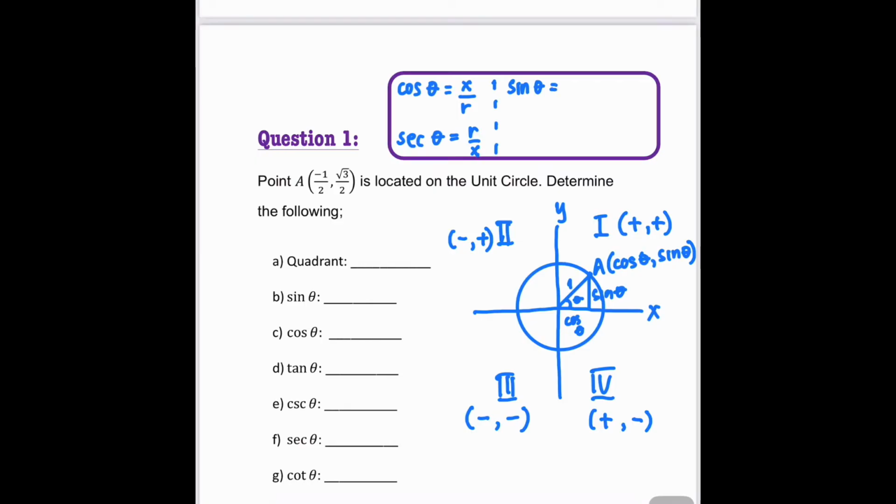Sine theta is equal to y divided by r, and the reciprocal of sine theta is cosecant theta, which is r divided by y. Tangent theta is y divided by x, and the reciprocal is cotangent theta, which is x divided by y. You can refer to these notes up here in answering the questions below.